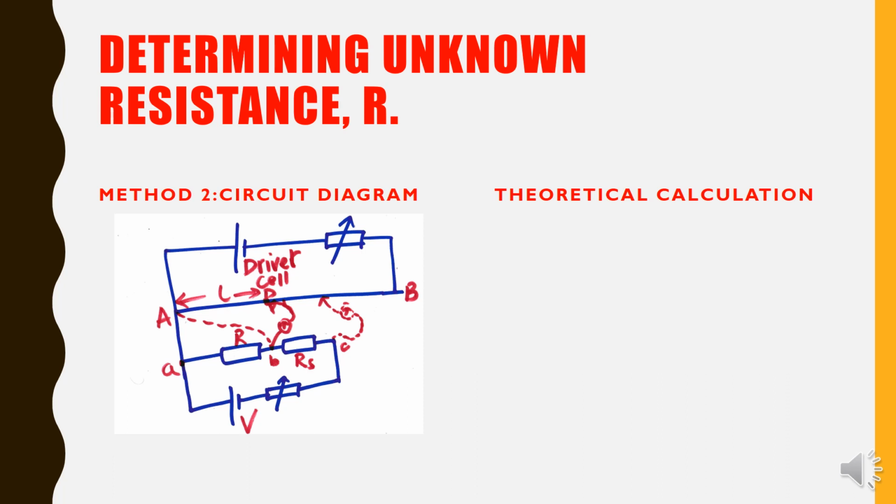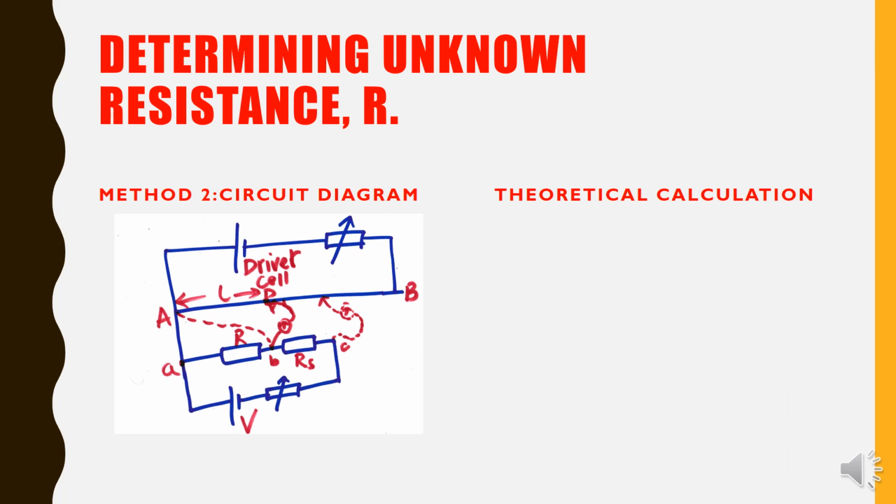Then we disconnect the wire AA, capital A, small a, and then connect it to point B following that broken line. And then remove the galvanometer from point B and put it at point C. And then you move the jockey along the wire and again determine the balance point. So when you do that, you get a new balance length.